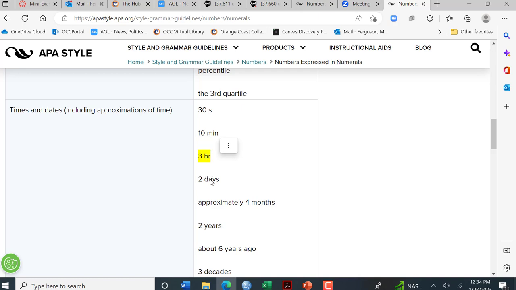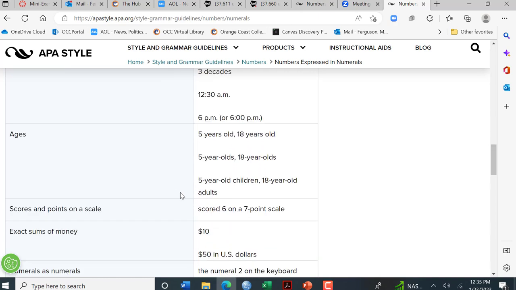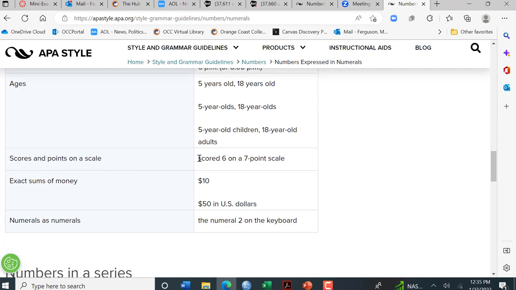That's a whole other APA weekly review that we'll do. 2 days, so here's again a unit of time. 2 is under 10, so typically you write out that number, but this is an exception. 4 months, 2 years. Ages, we're not going to write out ages. We're going to use the numerals for that. Scores on a scale, so here, because you might be using this a lot to talk about Likert scales or something.